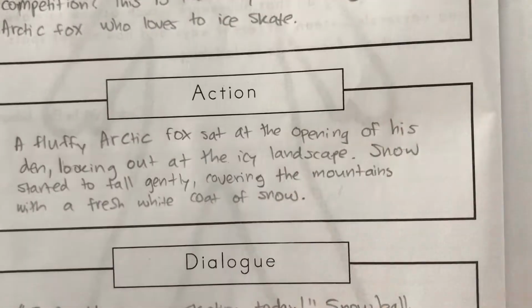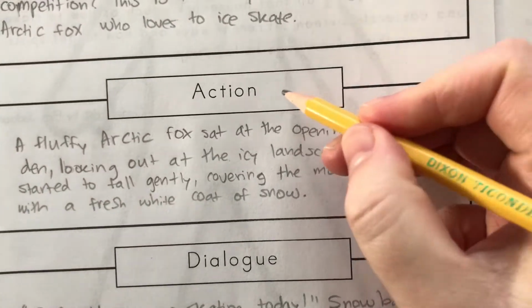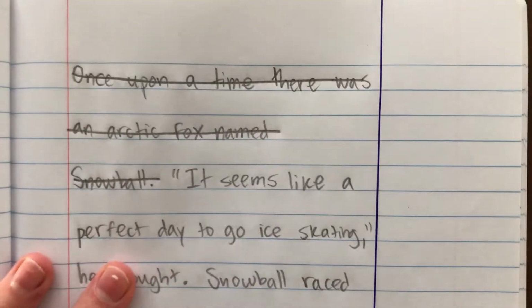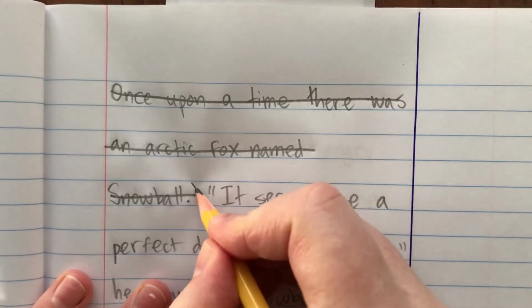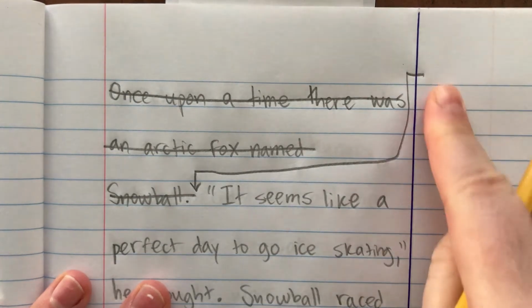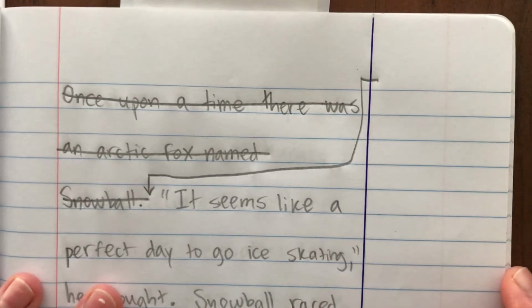I think I like this one that's in action. So I'm going to copy this lead down instead. So I'll put an arrow to right here because this is where it will go. And I'm going to revise my lead right here in this column.